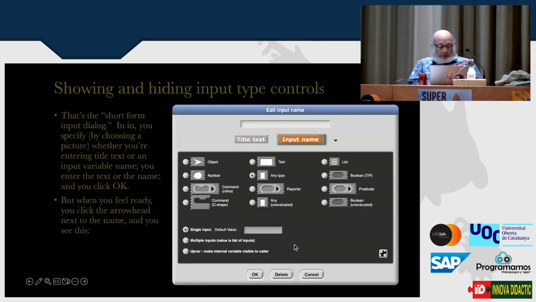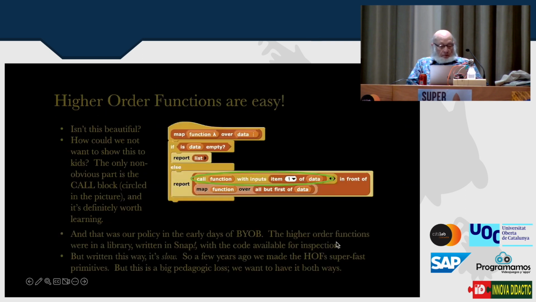And if you click it, you get this dialog, which is the long form input dialog, which has radio buttons for all those different input types that we talked about and more. And it has optional things like a default value, variadic, multiple inputs. I'm not going to talk about upvars.